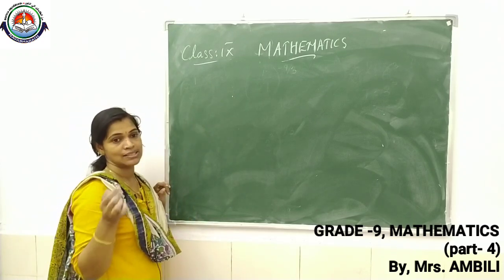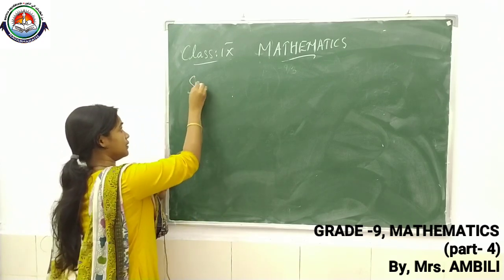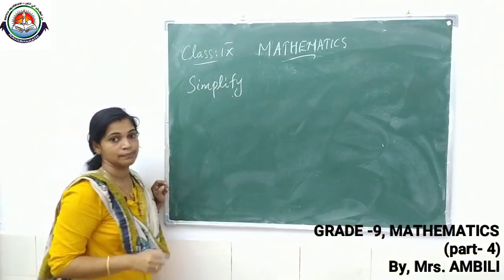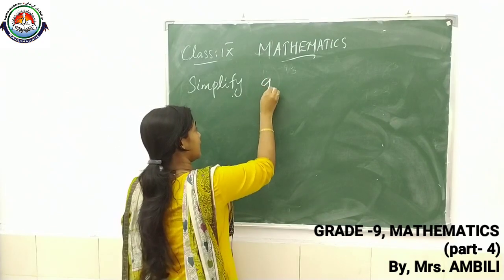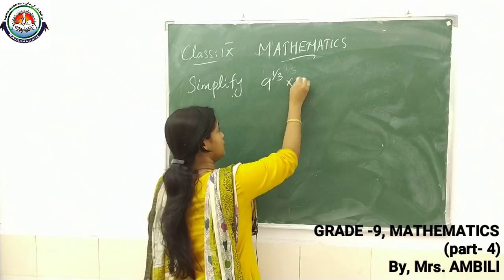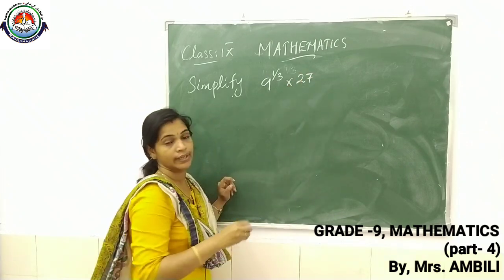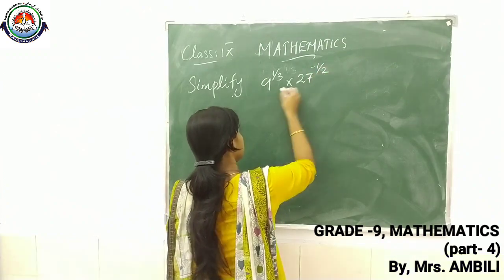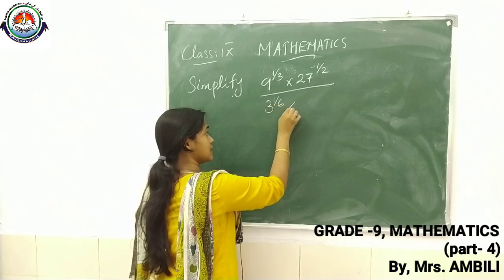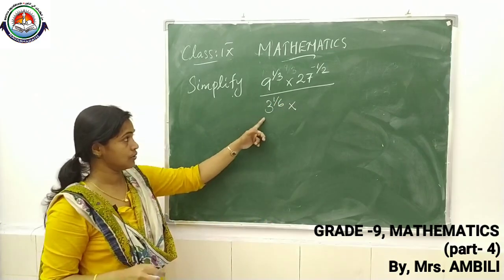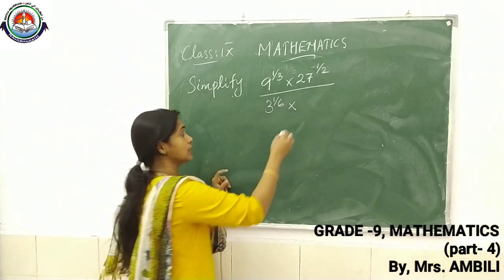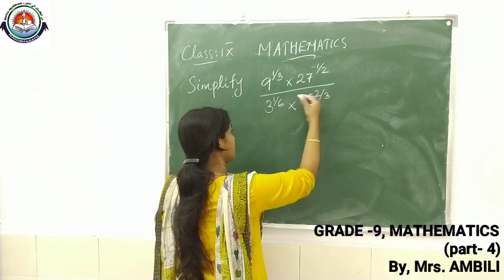So, our last question, simplify 9 raised to 1 by 3 into 27 raised to minus 1 by 2 divided by 3 raised to 1 by 6 into 3 raised to minus 2 by 3.